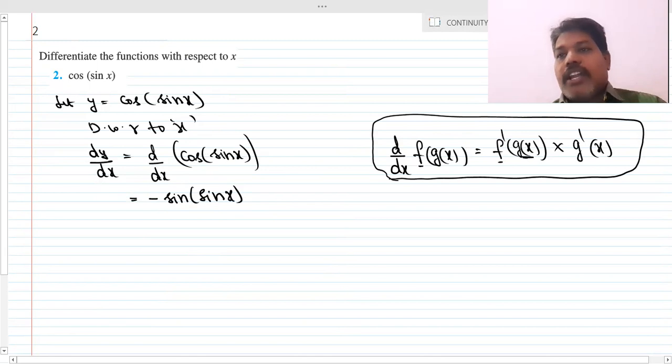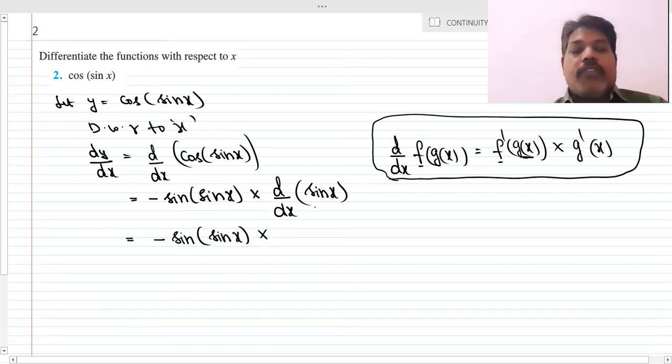So cos of sin x derivative is minus sin of sin x into the derivative of sin x. What is the derivative of sine? The derivative of sine is nothing but cos x.